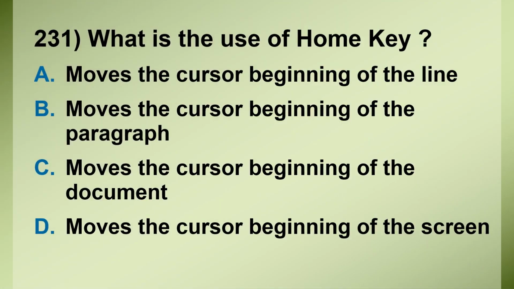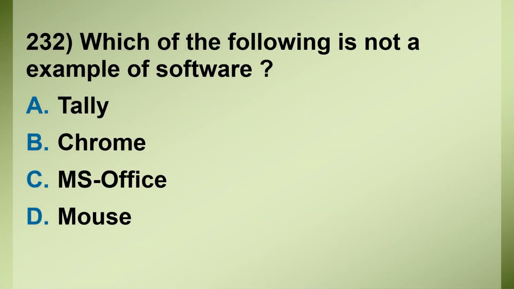What is the use of home key? It moves the cursor to the beginning of the line. Okay. Which of the following is not an example of software? That is mouse.